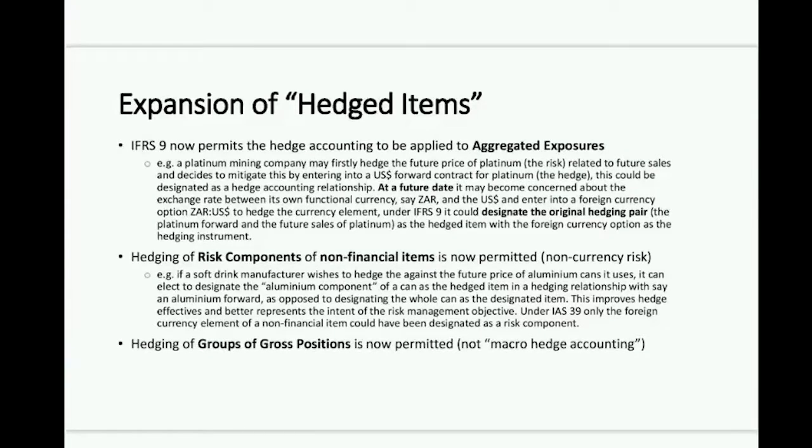At a future date, management could still then be reassessing the risk environment, and it determines that there is a further risk, that not only is it worried about the platinum price, which is denominated in dollars, since this company is, let's say, based in South Africa, and it's exposed to the South African rand, which we've called ZAR in our example, it now also wants to make sure that it also fixes the exchange rate between the ZAR and dollars. So let's just think about this scenario. The first risk is that the price of platinum in dollars is going to change over time, and it sorts this out by fixing the future dollar price of platinum.